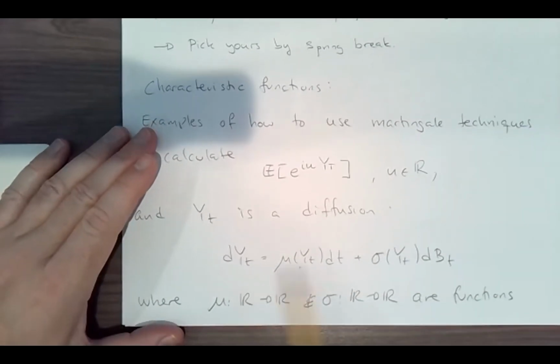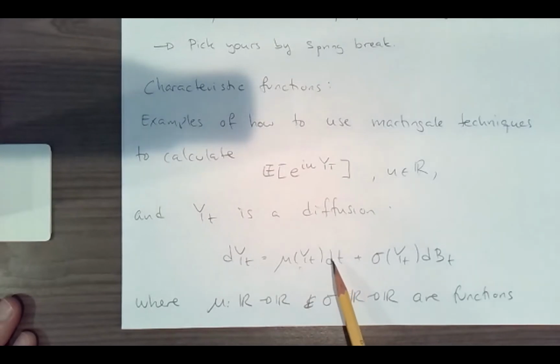So a diffusion, something that has this form, has a drift term, a dt term, and a sigma dB term.